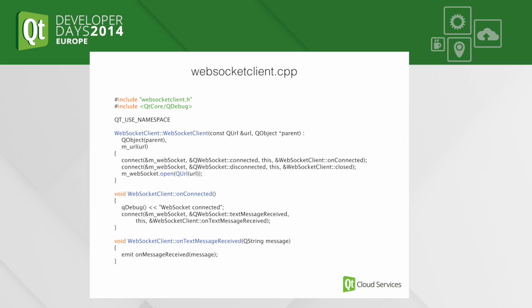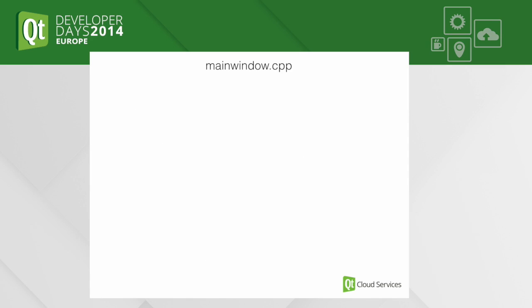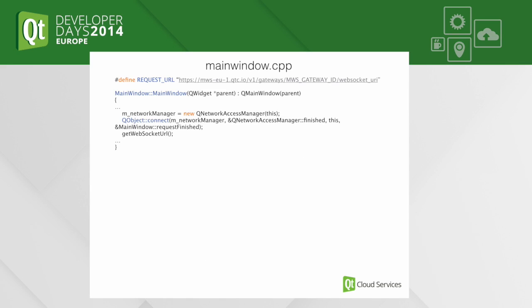Yeah. I've created a WebSocket client class that basically handles those WebSocket connections. It binds signals and handles them and emits on message received. And in the main window class, I have defined our WebSocket gateway address.